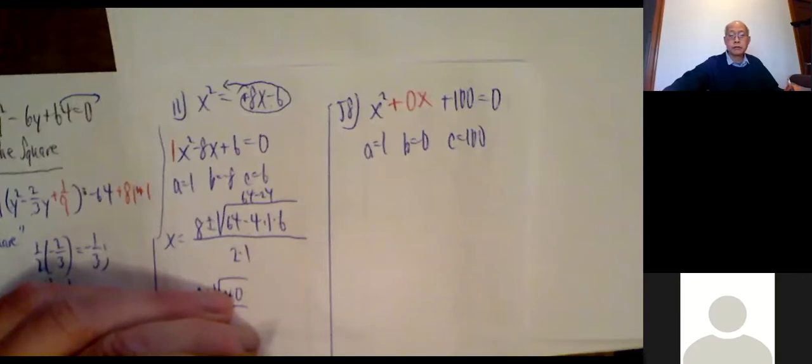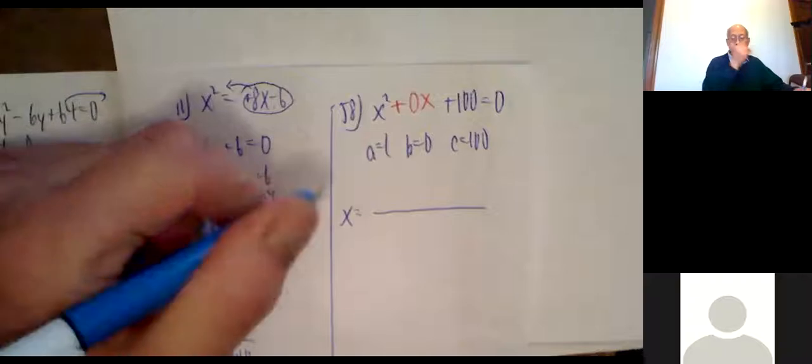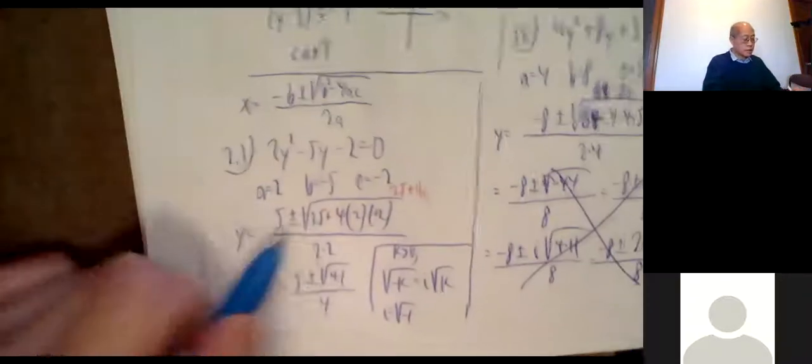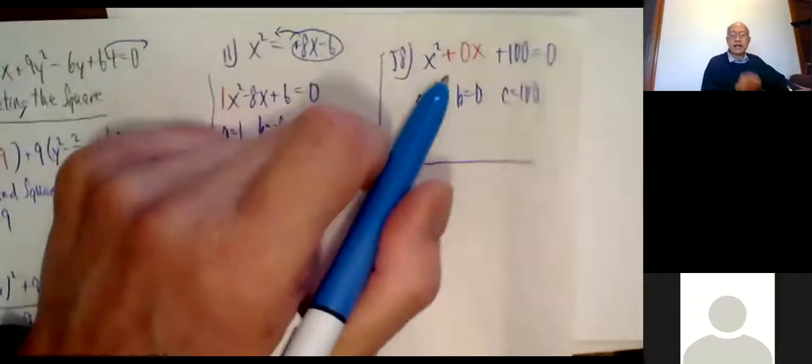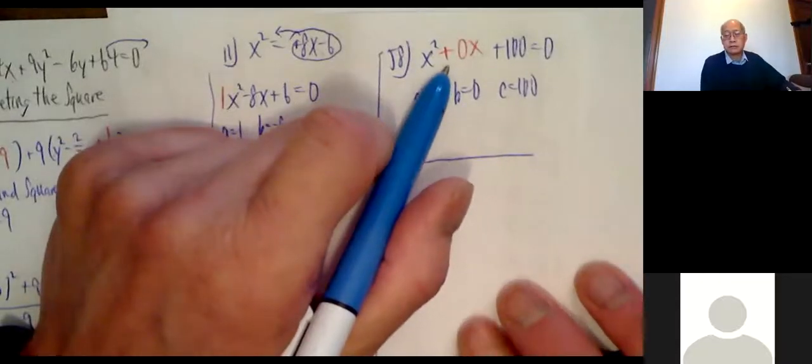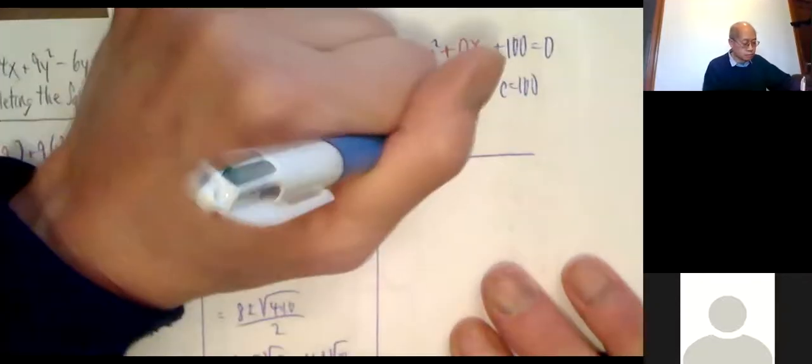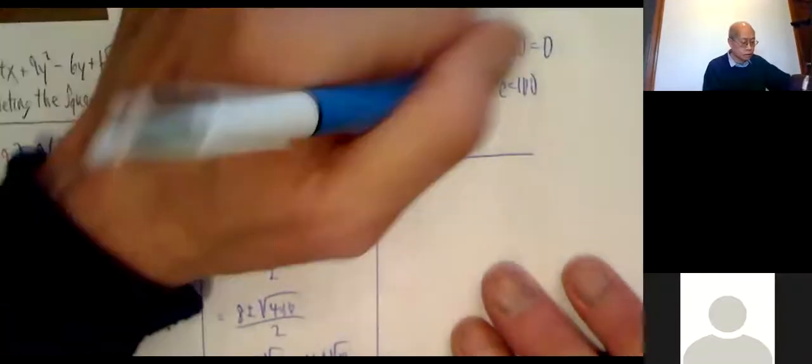Okay. Now look at what happens. Negative b. What is negative b? Negative 0, but negative 0 is 0. I like that.